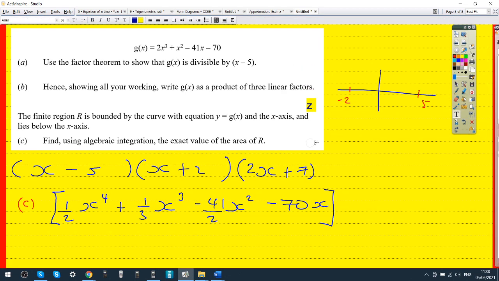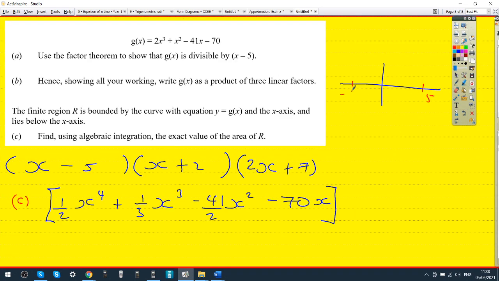I'll make that one -7/2. That one's -2. Y-intercept? The y-intercept is when x is 0.